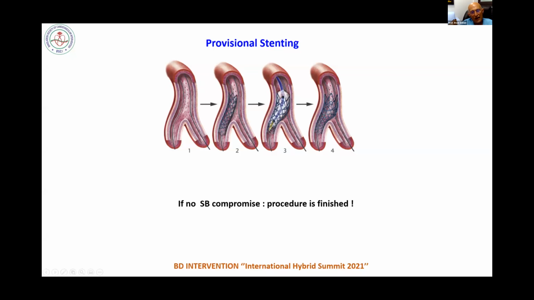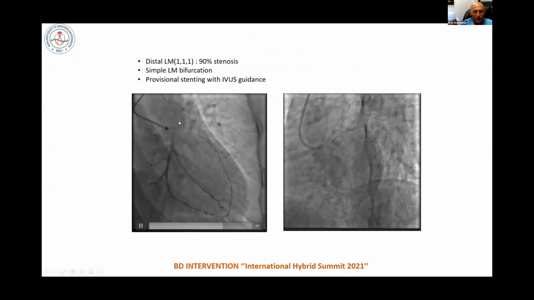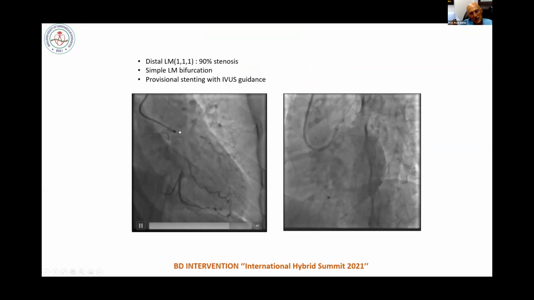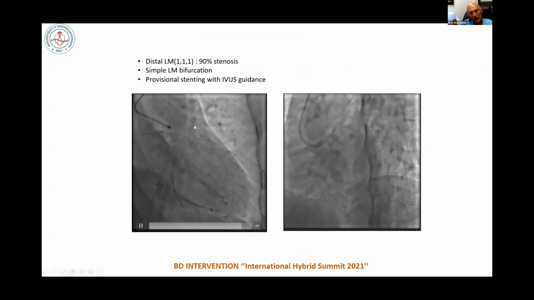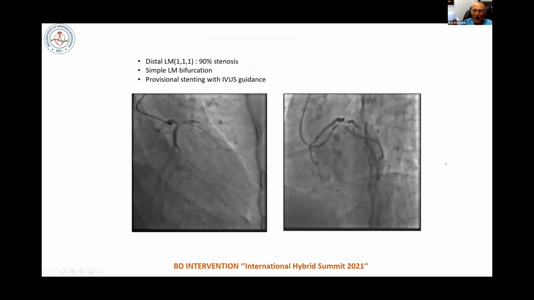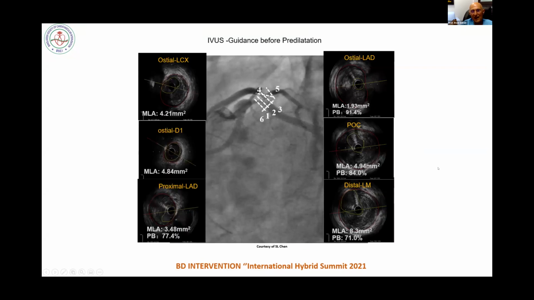Then I think pre-dilatation will go step by step. This is the case of a very short lesion on the proximal distal left main involving the LAD, and it is not enough to have only angio. I think you should check by IVUS in order to see exactly the distribution and whether you can go with a single stent or not for this lesion.